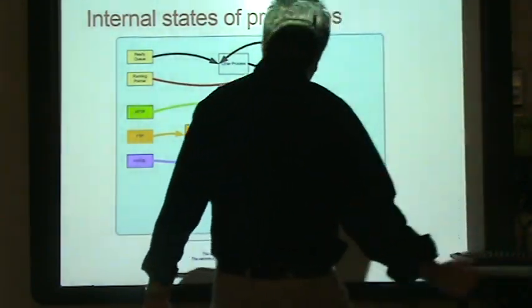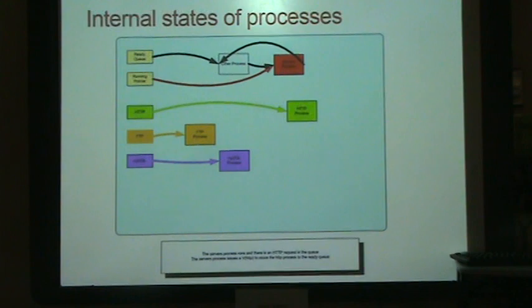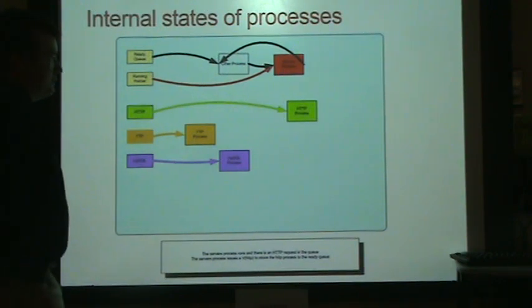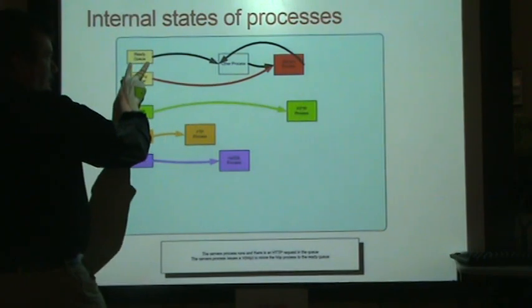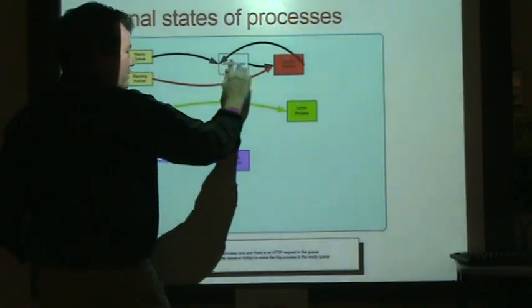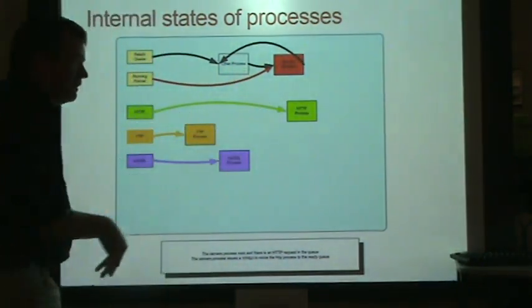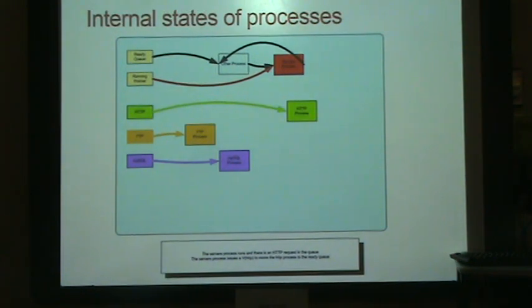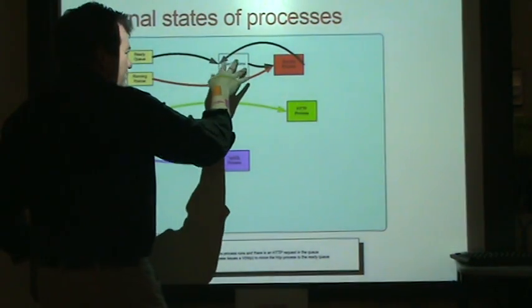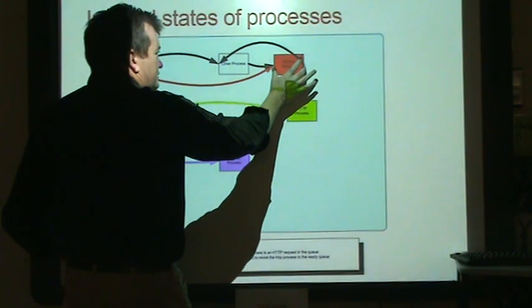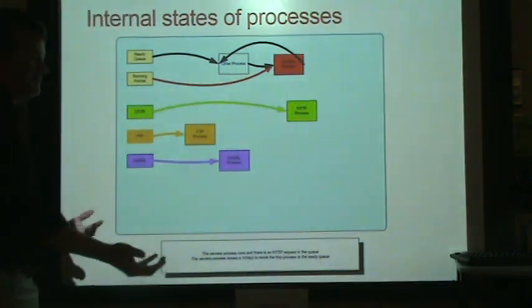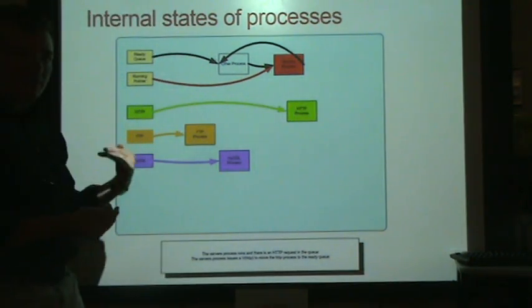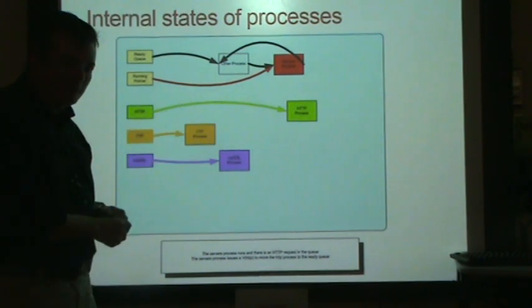Okay, so this is just kind of an internal diagram of what the operating system is doing. At this point, we have our ready queue. Our ready queue points to process control blocks of programs that are currently running on our system. So let's say we have some other processes that are running, and then we have a server process, a process that's basically taking all the messages coming in through the yellow cable that goes into the back of your computer.